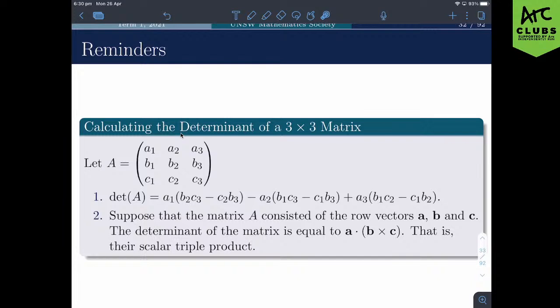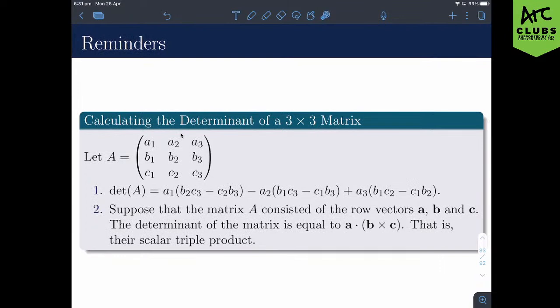So firstly, I hope you guys all remember how to calculate the determinant of a 3 by 3 matrix. The idea is that we take the first term, we multiply it by the determinant of this matrix here.